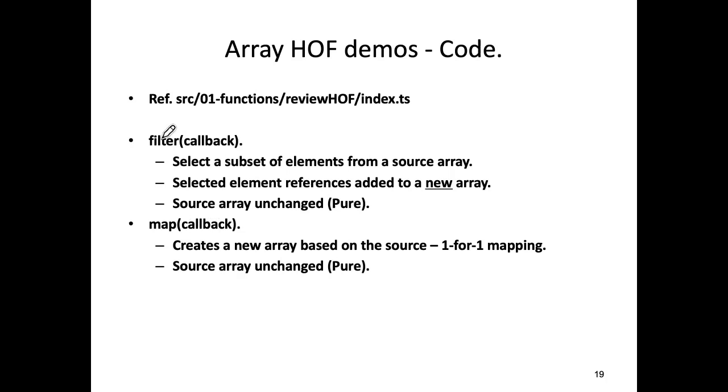Whereas filter always returns an array where each element in the output array is the same type of element as there was in the source array. In the case of filter, there are typically fewer elements in the output array than in the source array. In the case of map, it's one-to-one, the same number of elements in the output array as the source array, but the actual elements in the output array are whatever is returned by the callback.